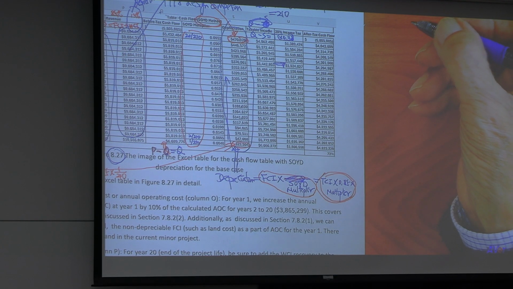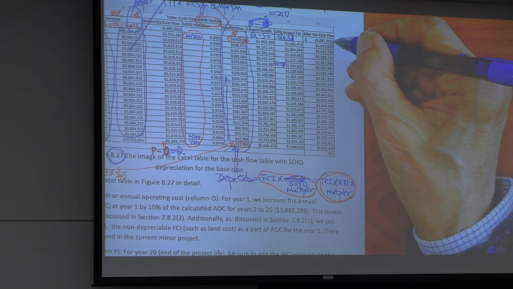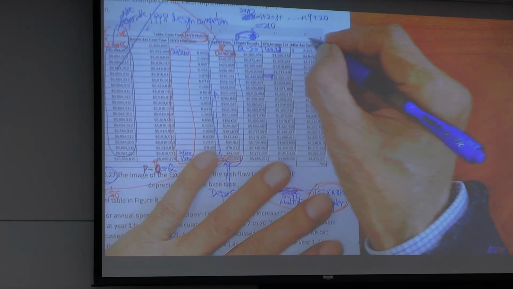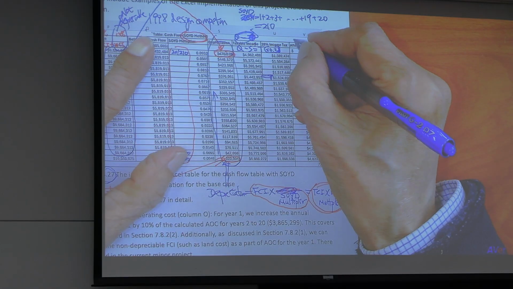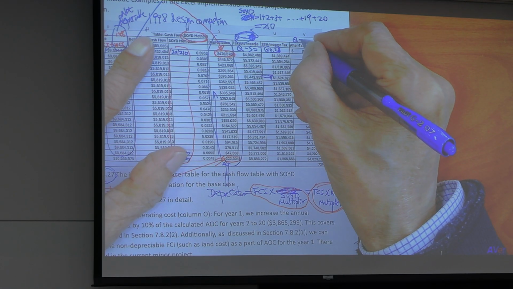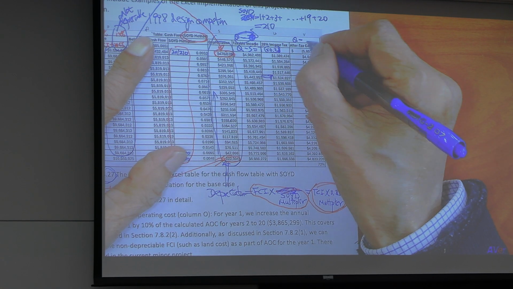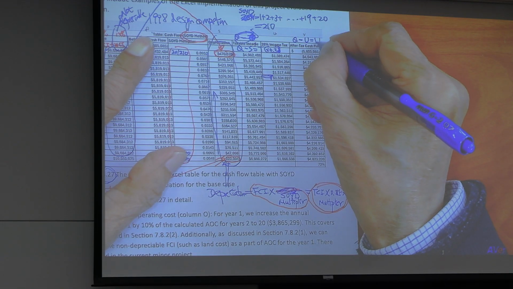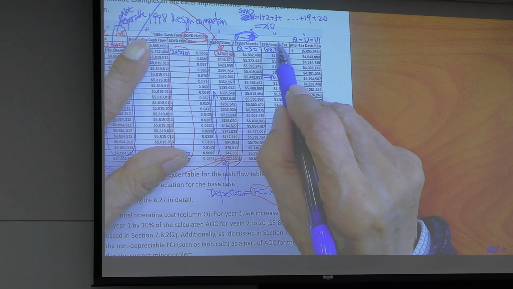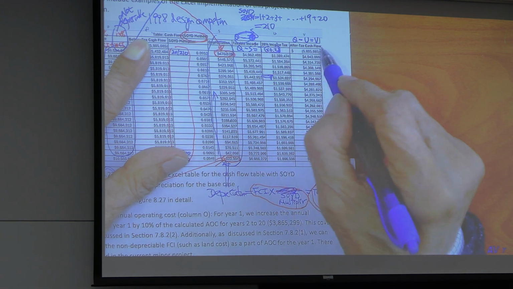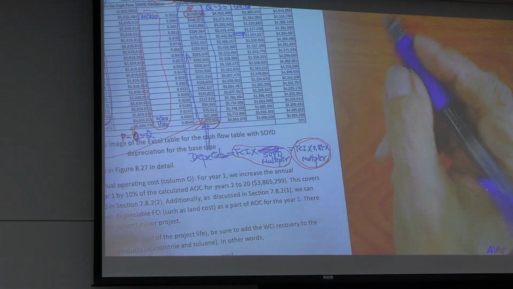After tax cash flow, V equals Q minus U: before tax cash flow minus income tax gives the after tax cash flow.